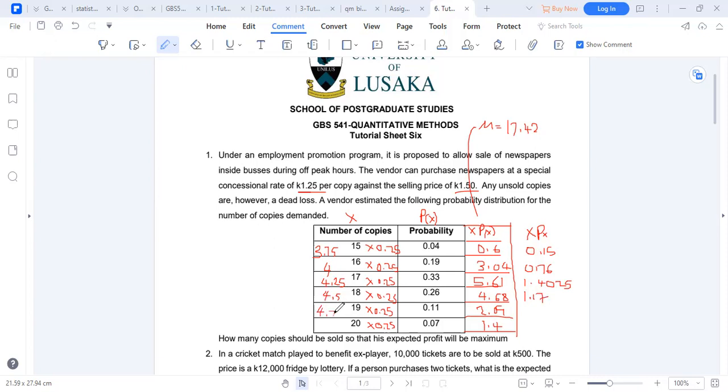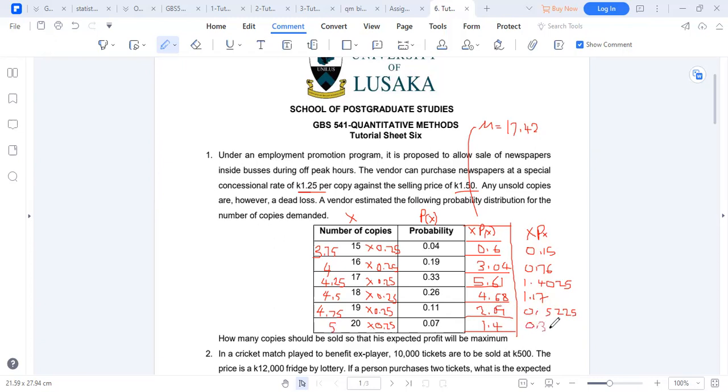And what do we do to the 4.75? Multiply by the respective probability, which is 0.5225. Then 20 times 0.25, we get 5. Then multiply the 5 times 0.07, what do we get? 0.35.